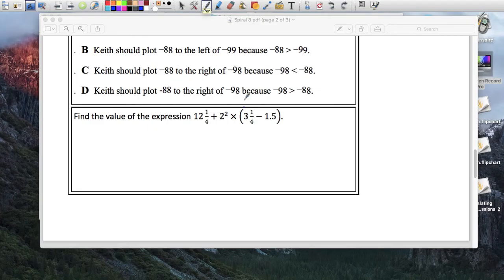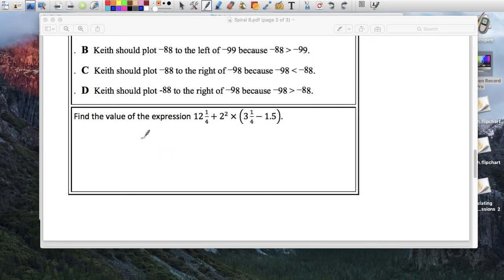I told you in class when we did Spiral 7 that if you can change this to decimals, it makes life easier, especially when you have fractions that allow you to do that. If you don't, like if it was 1/7 or 1/13, one of those weird ones that gives you a non-terminating decimal, then I guess you would have to keep it as fractions.